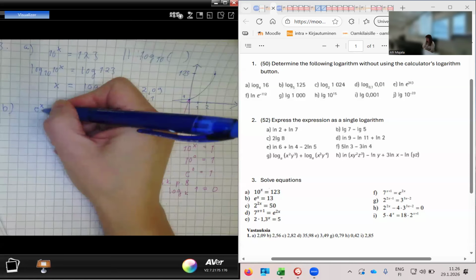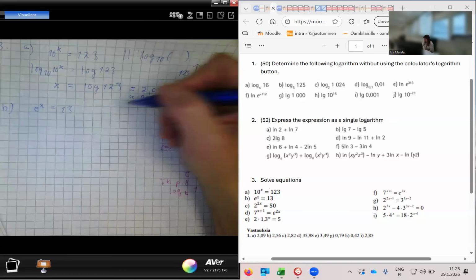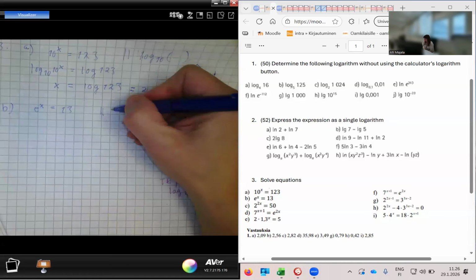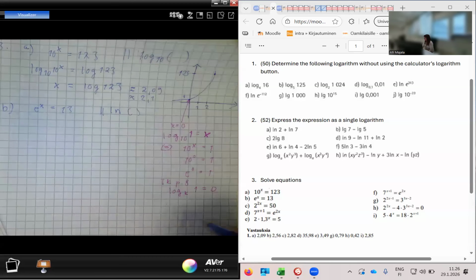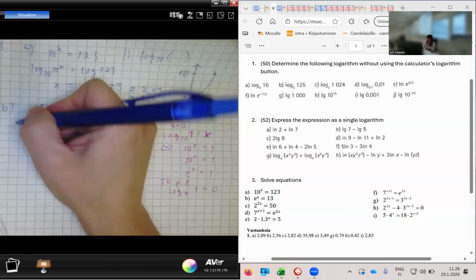So if I would have the e here, of course I would take the ln, because the base was e.